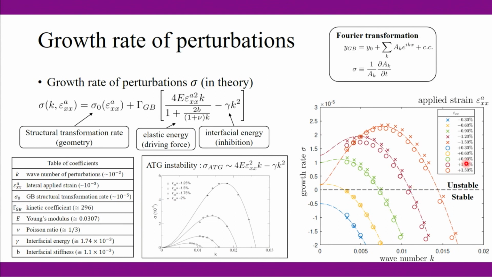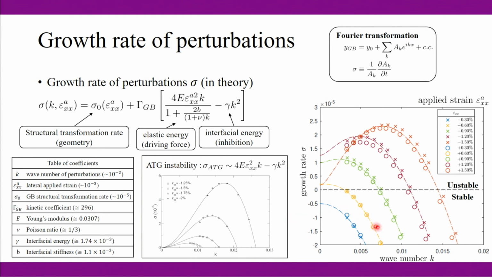But as we increase the strain, we are going to see a feature that's similar to the solid-liquid case: at larger wave number modes, the growth rate is being pulled down, because at a larger wave number the dominant factor is the suppression due to the surface energy. So all the way here is basically dominated by this gamma k squared term, right? What's interesting is that we expect the behavior for low wave number to come from the elasticity.